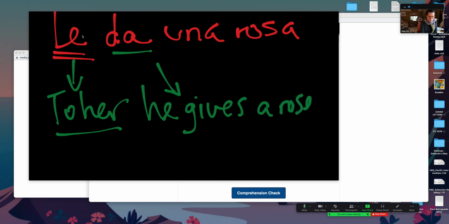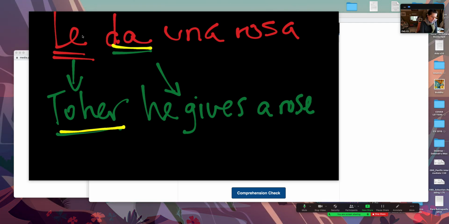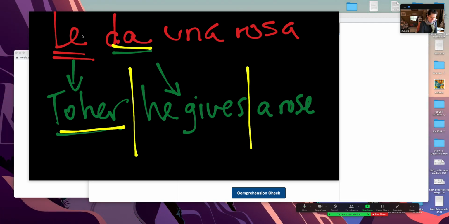So if we were to speak in some sort of Pig Latin, to her, he gives a rose. This is basically how you could say that in Spanish, we're putting it in this funny order. Le da una rosa. To her, he gives a rose. Okay? So this is another way to look at it.